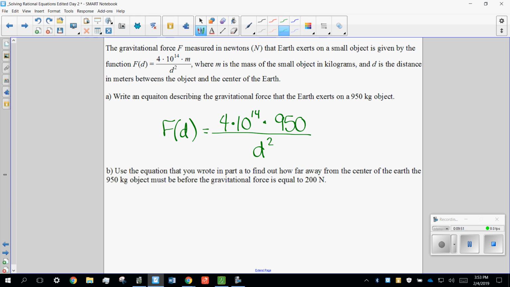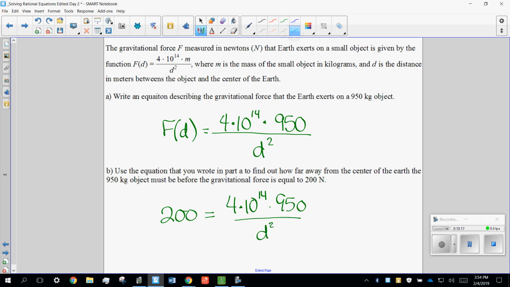That's all that is. And then use that equation to find out how far away the Earth and that object are if they have a gravitational force of 200 newtons. So 200 is the force, and that's equal to 4 times 10 to the 14th times 950 over d squared.